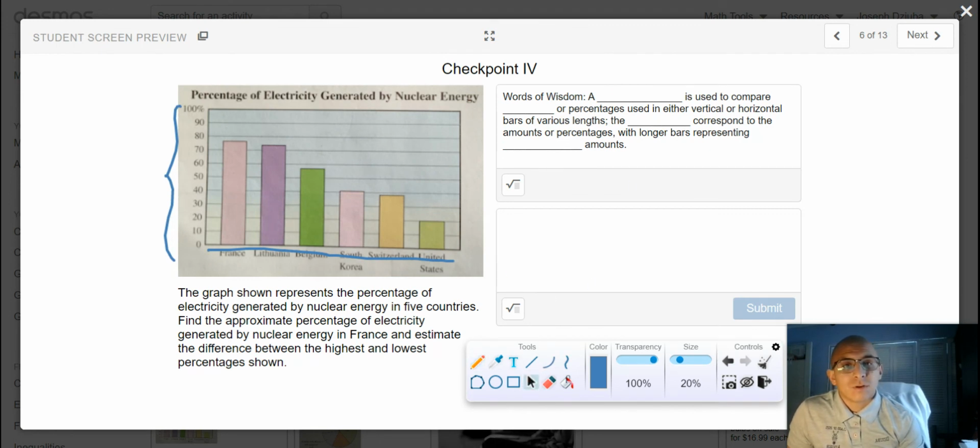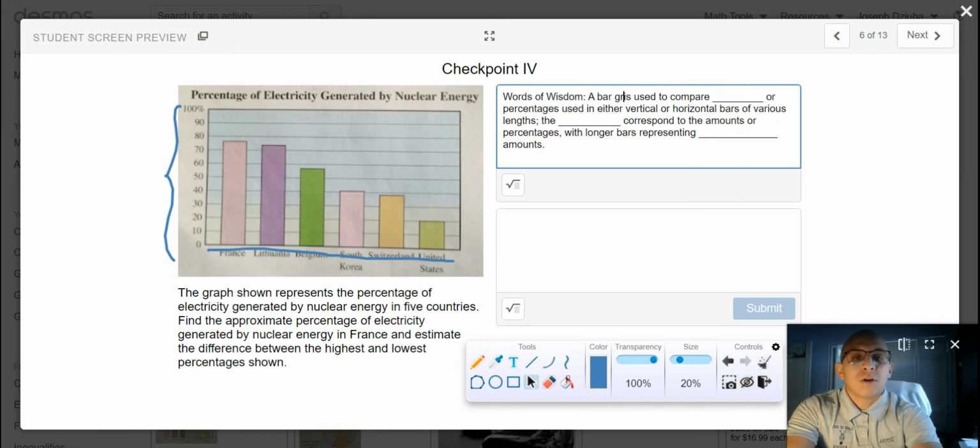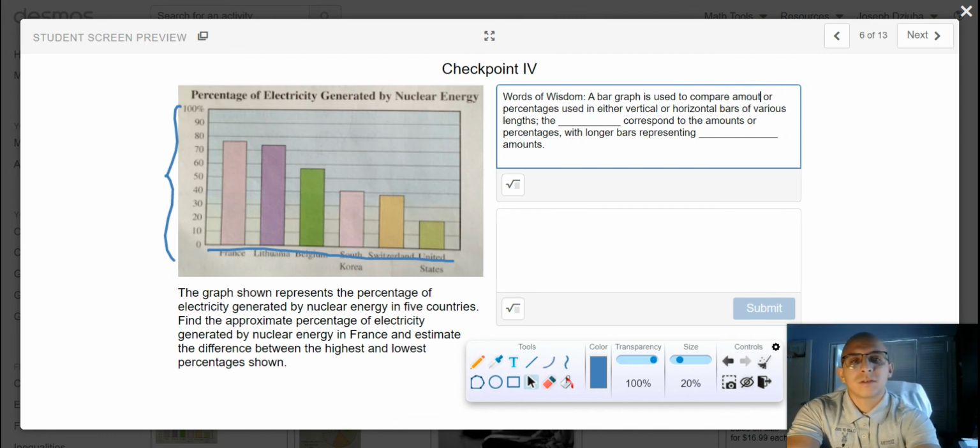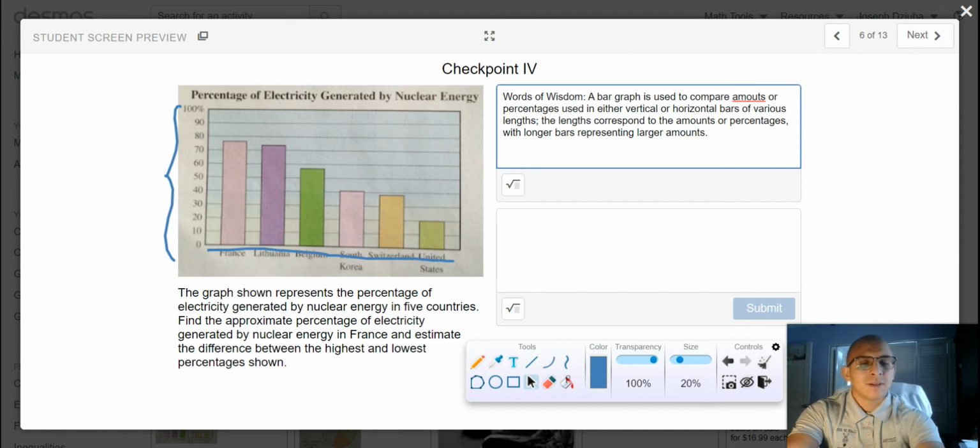We also have some vocab words that we should look to define. A bar graph is used to compare amounts or percentages used in either vertical or horizontal bars of various lengths. The lengths correspond to the amounts or percentages, with longer bars representing larger amounts.